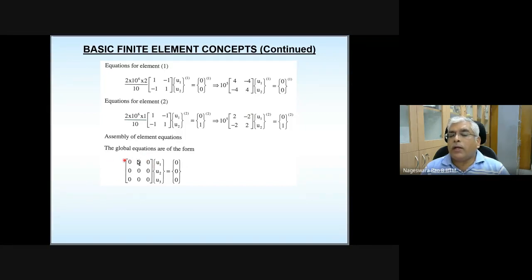And element 1 contribution goes into the global system. Element 1 is connecting nodes 1 and 2. So element 1 contribution goes into, listen carefully, 1 and 2 rows and columns of the global matrix, the global equation system.